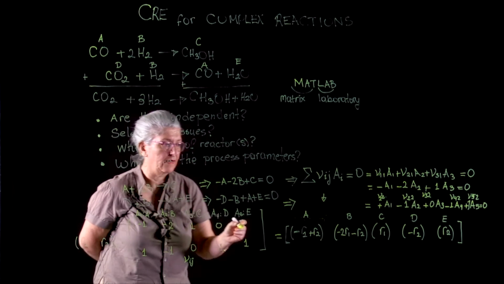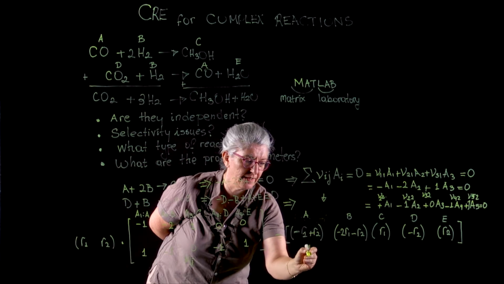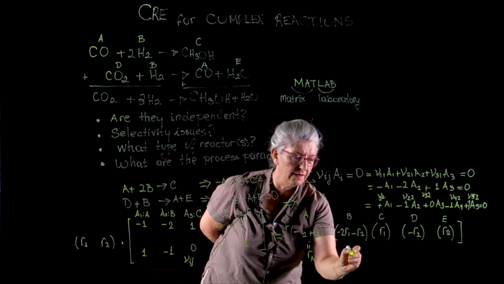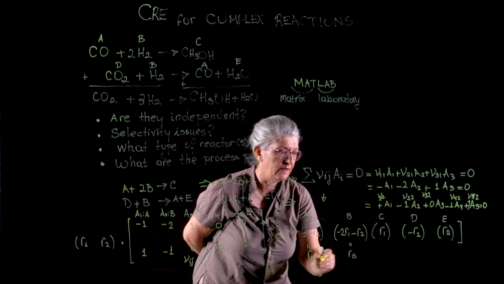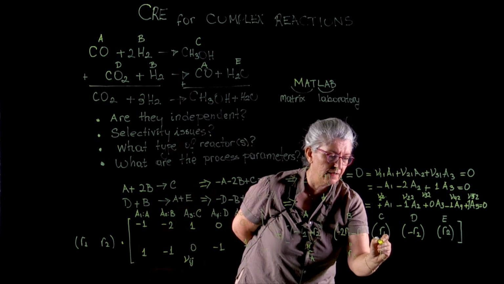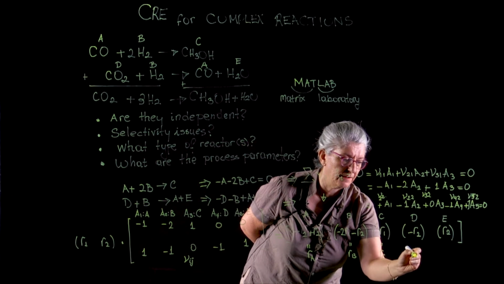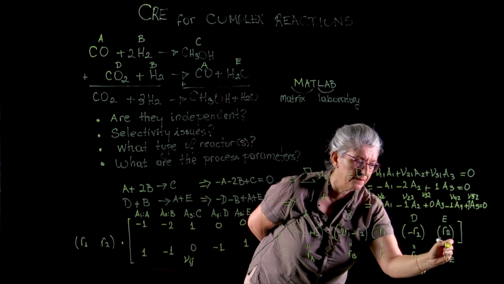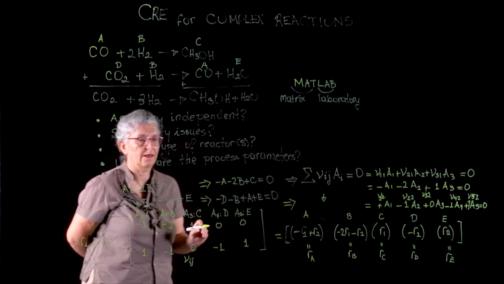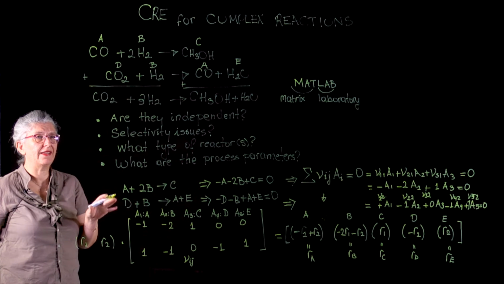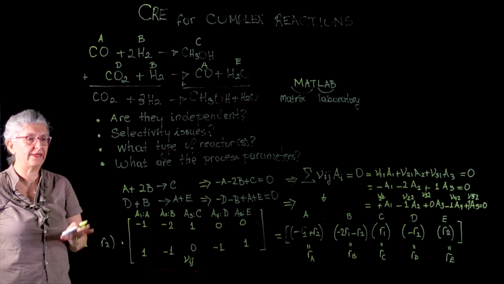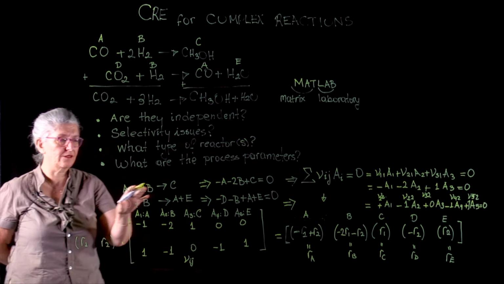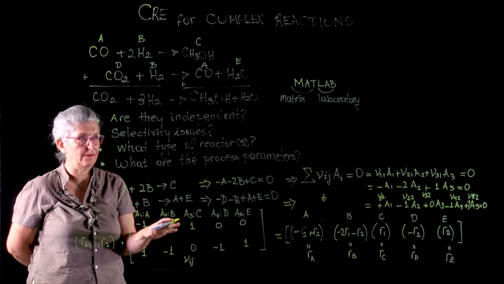This indeed is R sub A. This is R sub B. This is R sub C. This is R sub D. And R sub E. Once we have a reaction network of independent reactions, we can establish the reaction stoichiometry matrix.